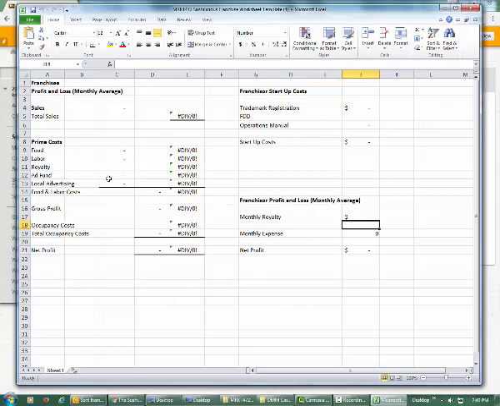There's usually an advertising fund, which I'm required to contribute a certain percentage to, and that advertising fund goes to the franchisor and is used for the benefit of the franchisee, but it may not be directly for the benefit.